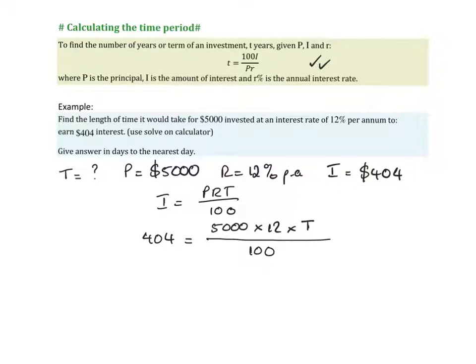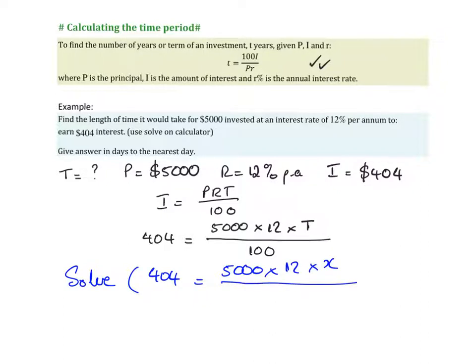So I'm going to go into my calculator, and again I'm going to use the solve function, and instead of the T this time I'm going to use X. You could use T, but it's much easier just to keep it consistent and just do X. So X takes the place of T over 100, comma X. And our calculator gives us X equal to 245.77.